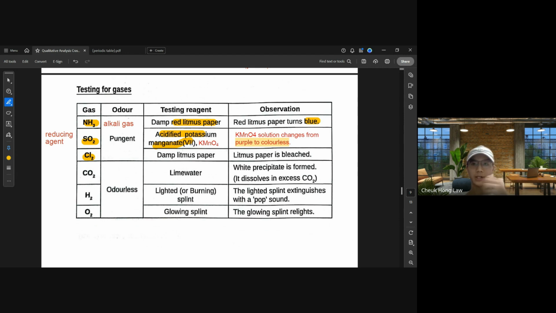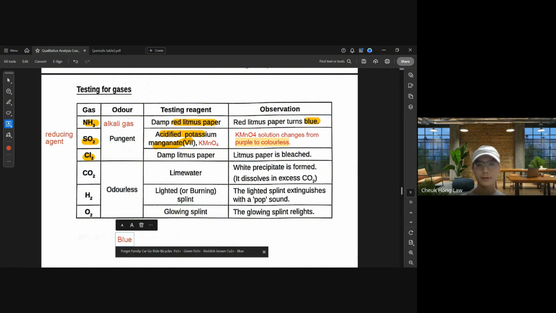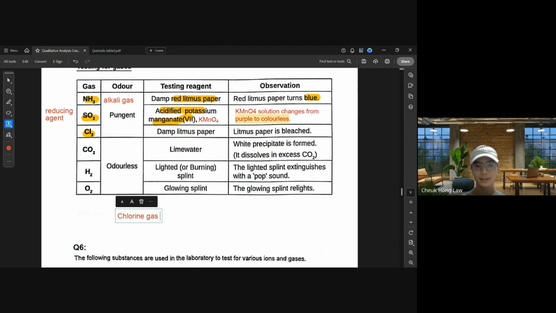It's another pungent gas. So chlorine is slightly different. Chlorine, right, it will actually bleach the litmus paper. So you can use either blue litmus paper or red litmus paper. What will happen first is, if you use blue, right? Okay, wait, let me just put it here. Chlorine gas test.